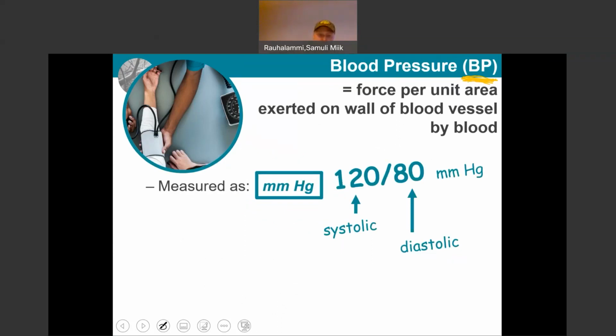And this is measured in millimeters of mercury. So that's where the mmHg comes from. What you'll see is that we have two values for the blood pressure that we typically record. We have a higher and then we have a lower value. Now, I would reach out to you and ask, why? Why do we measure two values for blood pressure?